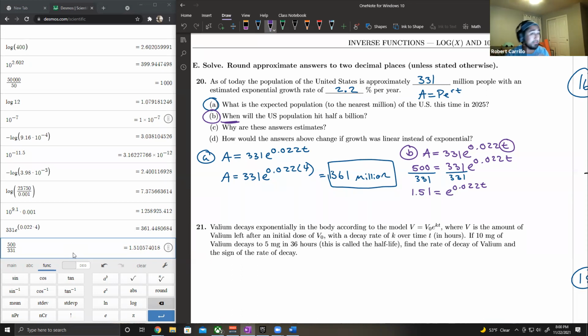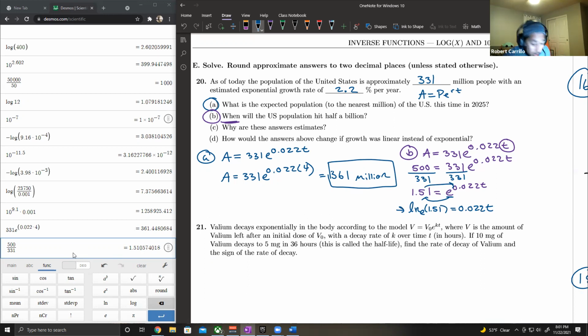But since this is a base of e, it's going to be the natural log. So when we convert, we have natural log base e of the outside number, 1.51, set equal to the exponent, 0.022t.